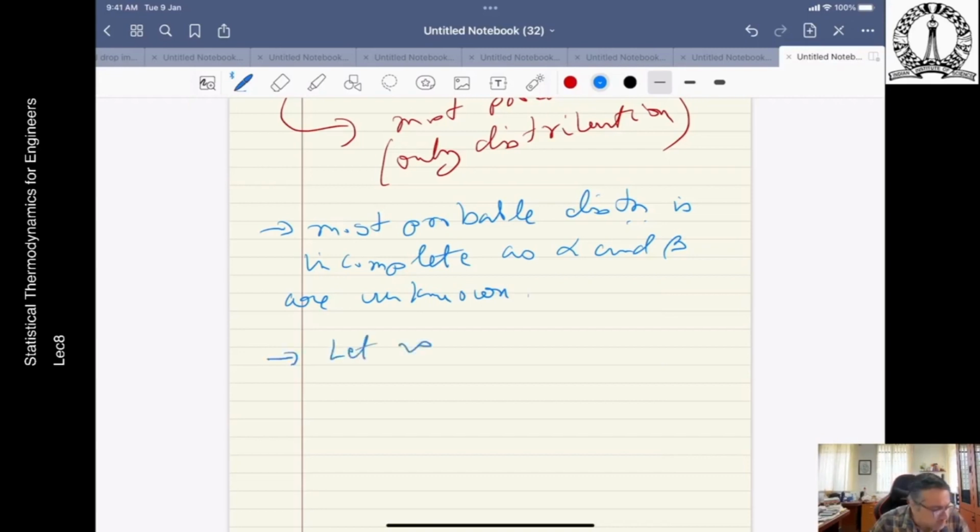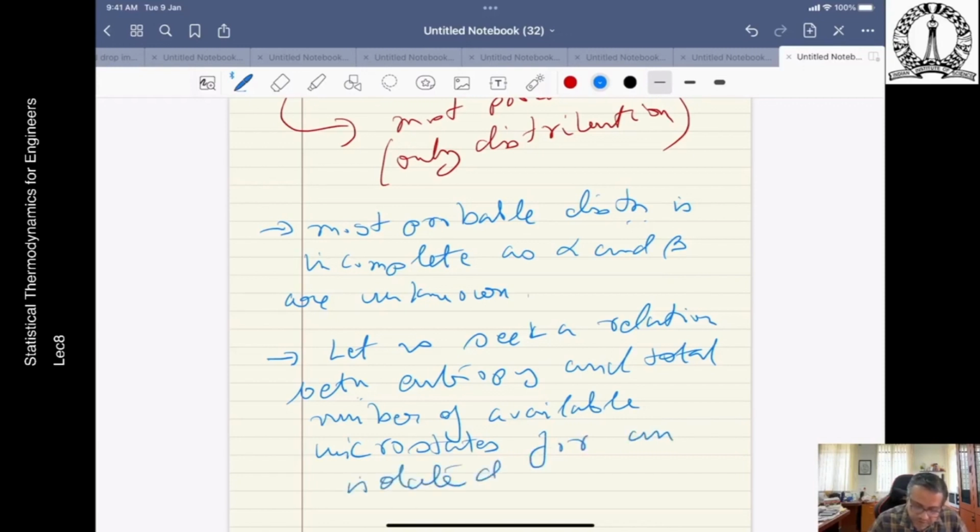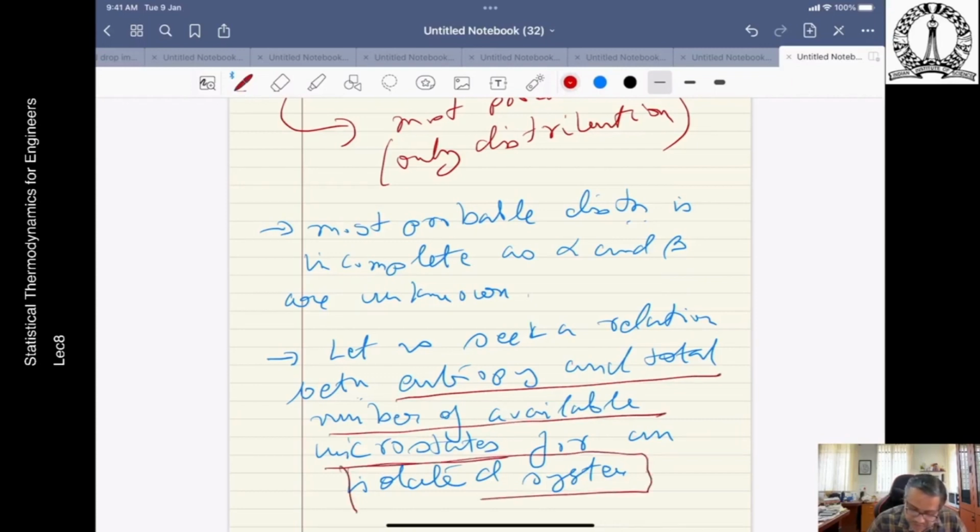So let us seek a relation between entropy and the total number of available microstates for an isolated system.